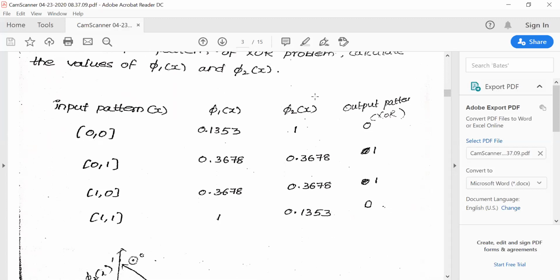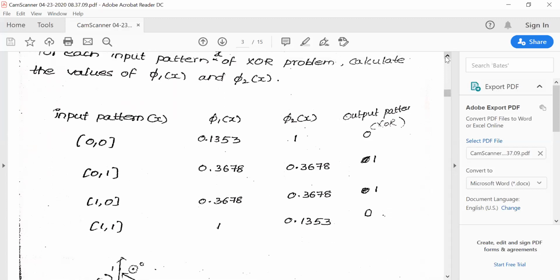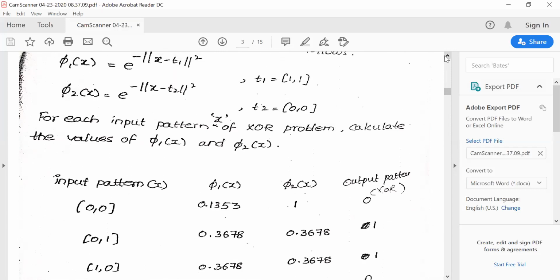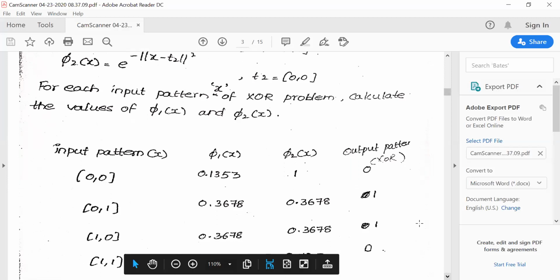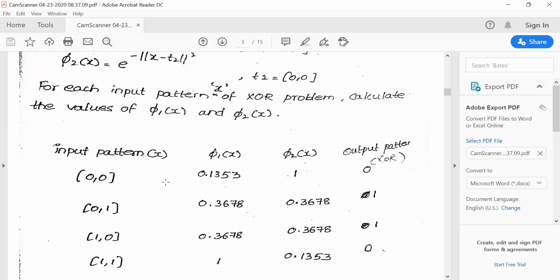It is easy to calculate because x is (0,0) and phi1 defines the center as (1,1). So (0,0) minus t1 is always going to be (1,1). The norm of the difference between these two vectors is the square root of (x1 minus x2) whole square plus (y1 minus y2) whole square. That means (0 minus 1) whole square plus (0 minus 1) whole square. We have applied the square root, which means 1 and 1 square is going to be 1.